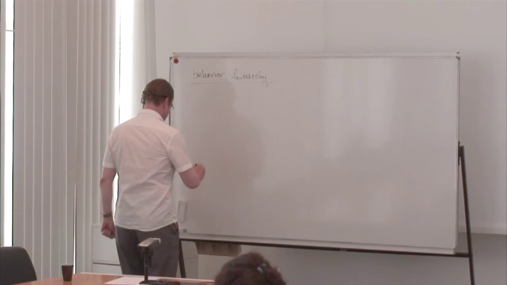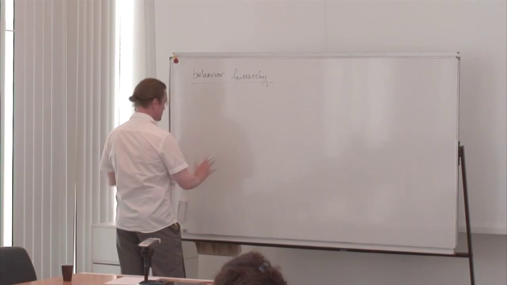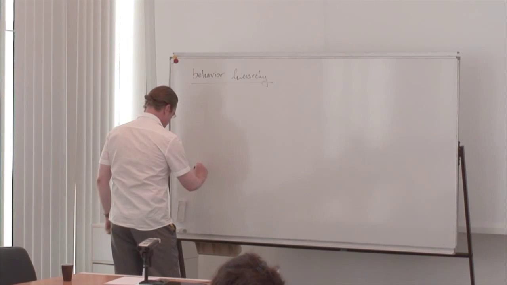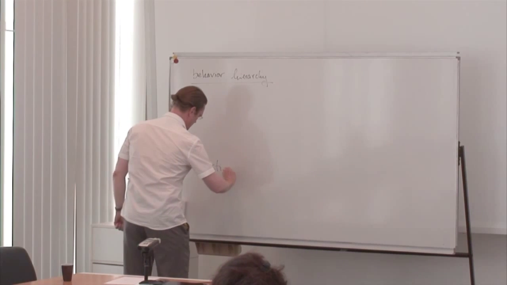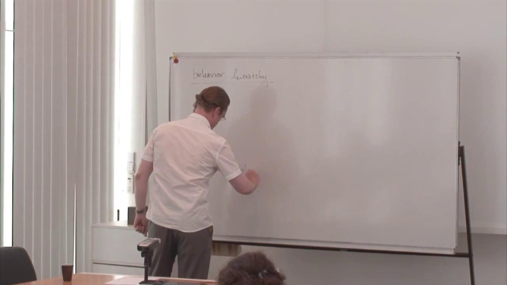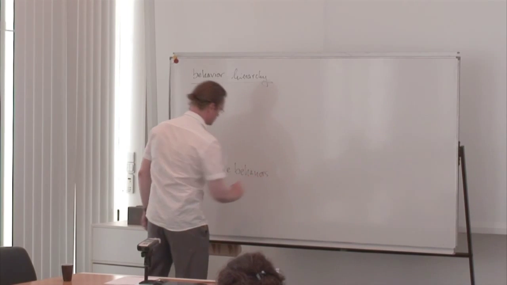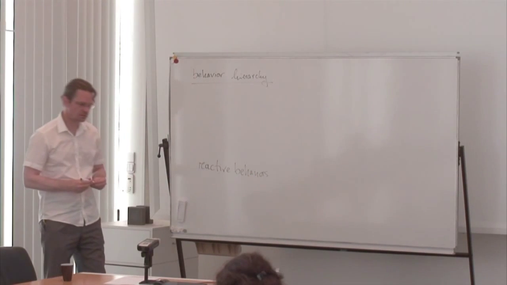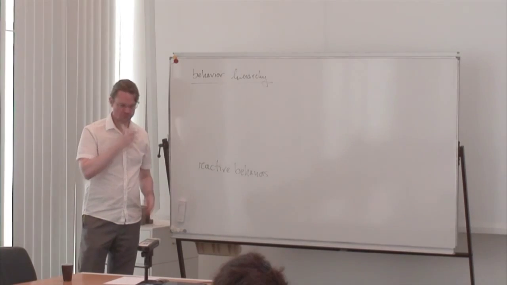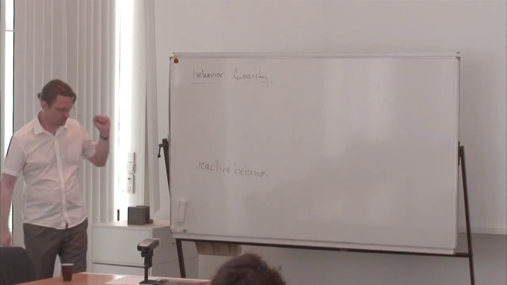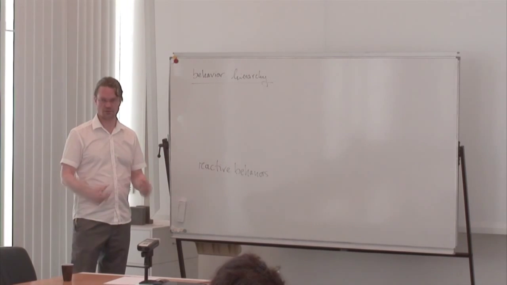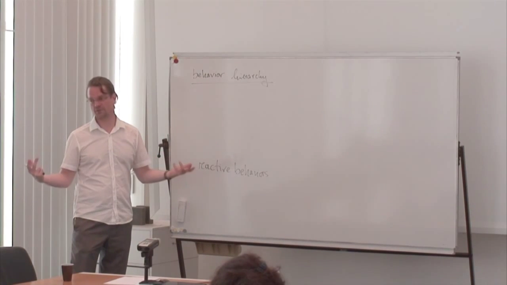First of all, on the lowest level of this hierarchy, there are these reactive behaviors. We discussed that these are actions or sequences of activities a system shows just based on the current state of the system and the environment.